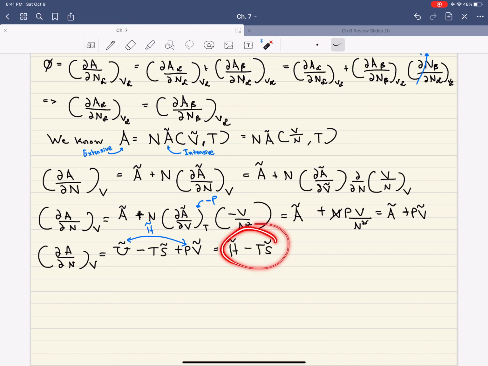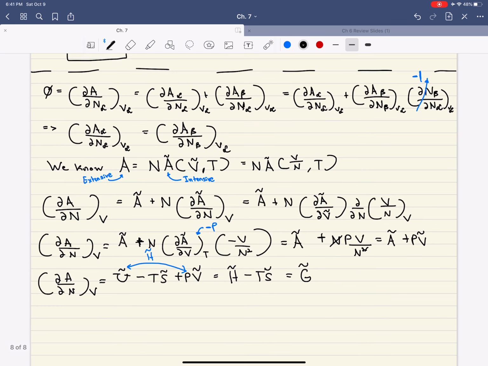and that gives us the molar Gibbs energy. Okay, and so based on this little proof here, what we get is that if we take the derivative of the Helmholtz energy with respect to N at a constant V, that would be equal to the molar Gibbs energy, right? Even though we started with an extensive variable, in the end, we get the intensive variable here.